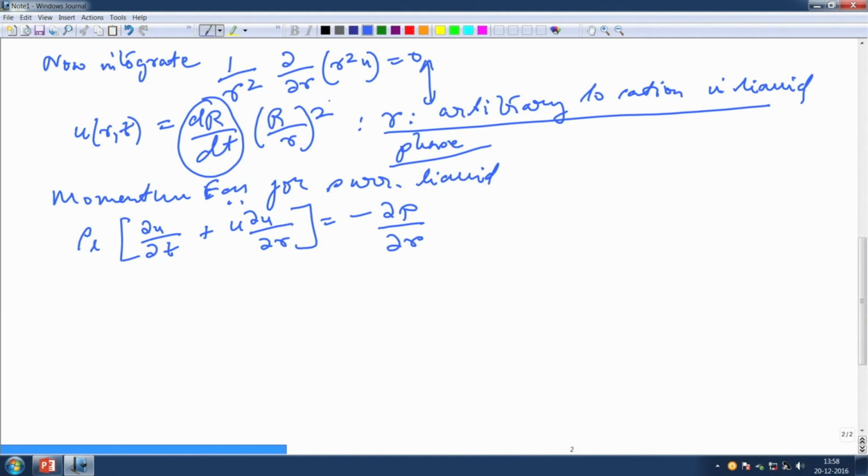It is very easy to show that the velocity progressively changes in that fashion.